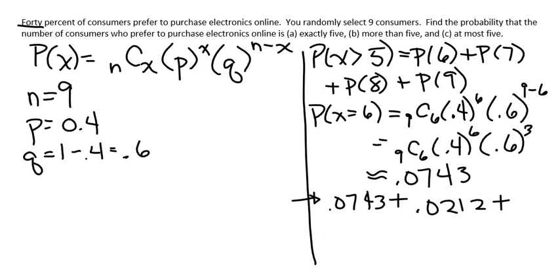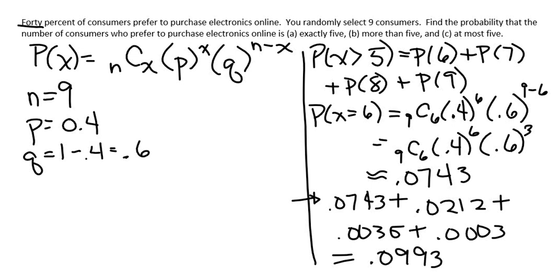For 8, it's 0.0035. And for 9, it's 0.0003. I add all these up together, and I get 0.0993. So the probability that x is more than 5 is 0.0993.